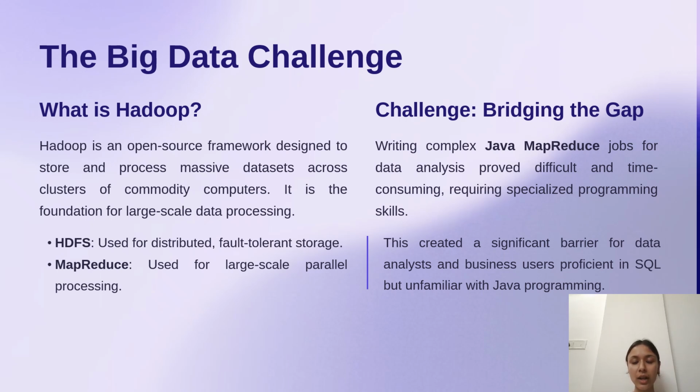It has the data node and the name node. Name node stores all the metadata about the files, and the data node stores the actual file and its replicas. The MapReduce function is used for processing of the data. We have the map function, reduce function, and it has the job trackers and the task trackers.